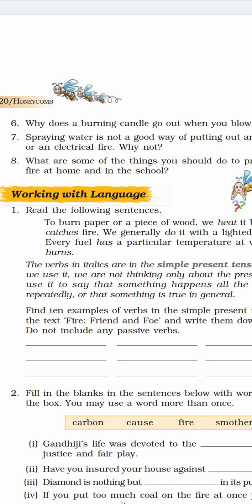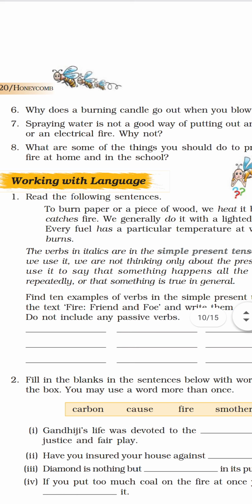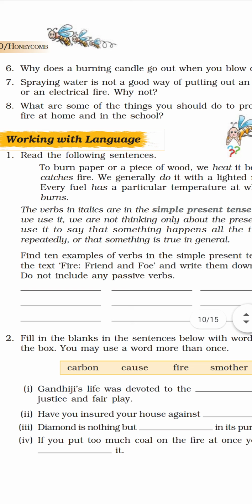As water flows quickly, it can take oil with it and thus increase the area where the fire can spread. And if water is sprayed on an electric fire, the person might get an electric shock and get killed. Now, moving on to the last question.